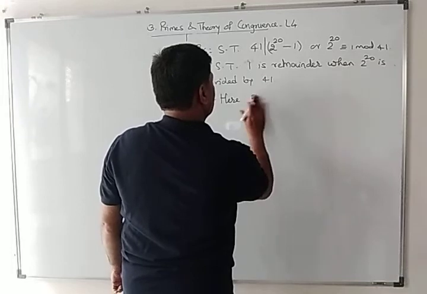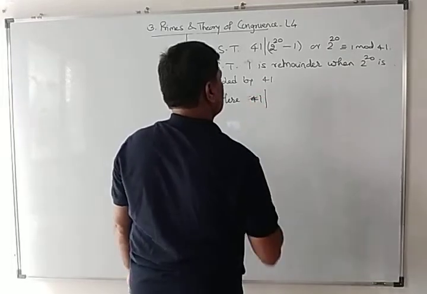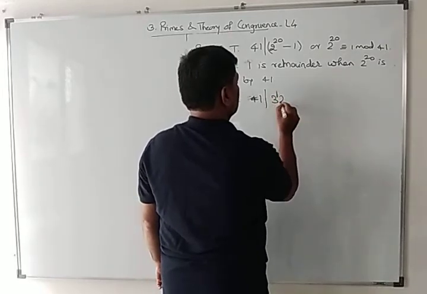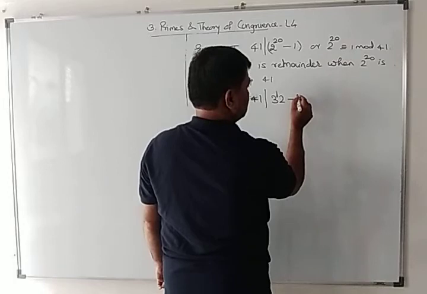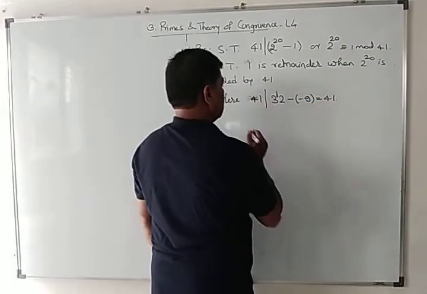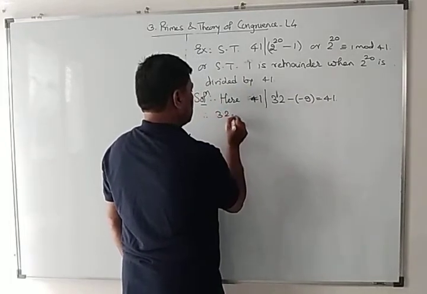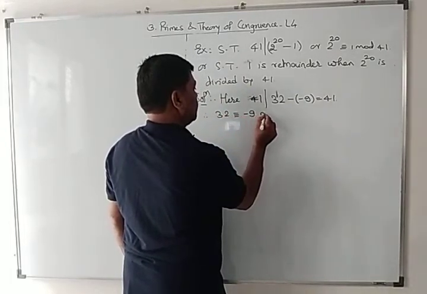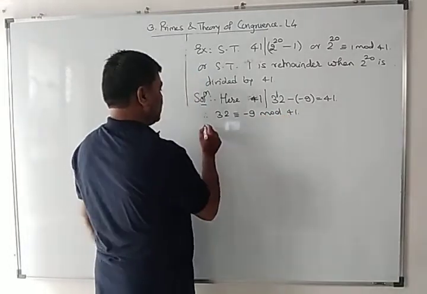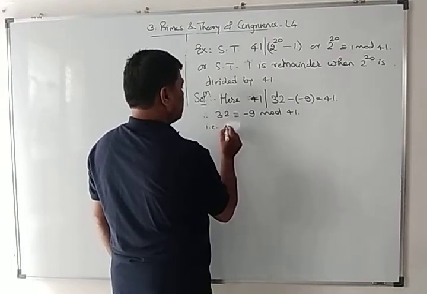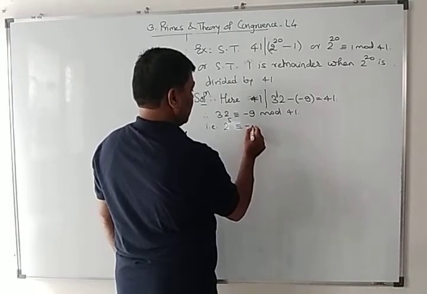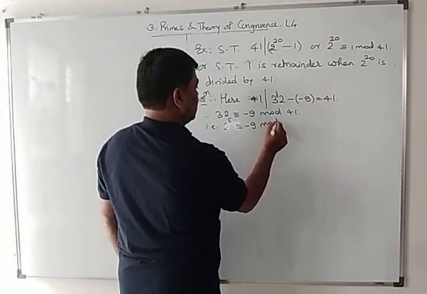Here 41 divides 32 minus (minus 9), which is equal to 41. Therefore 32 is congruent to minus 9 modulo 41. That is, 2 raised to 5 is congruent to minus 9 modulo 41.